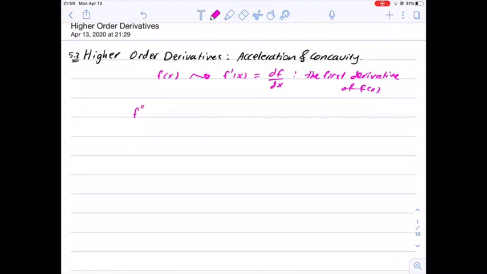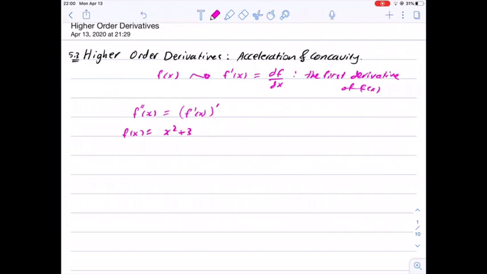Now, if we want to find the second derivative of the function with respect to x, then we need to find the first derivative first and then find the derivative of that. For example, if f of x equals x squared plus 3x, then f prime, the first derivative, is 2x plus 3.